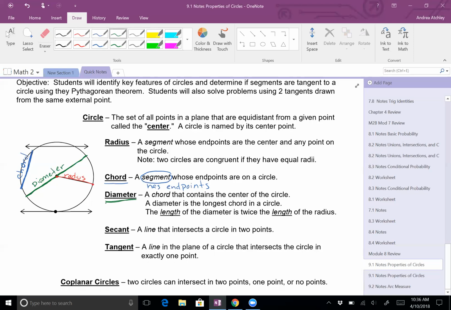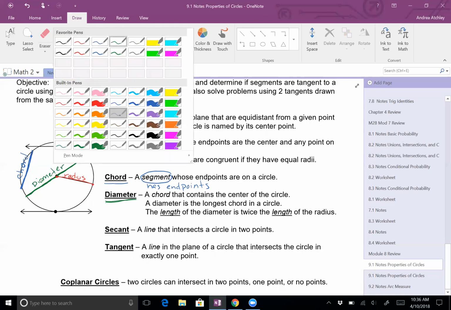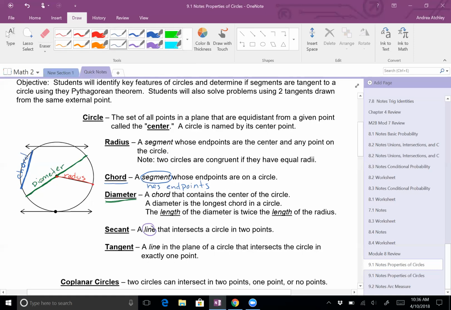Okay, a secant is a line that intersects a circle in two points. Let's remember a line goes on forever, so we'll have the arrows at the end.